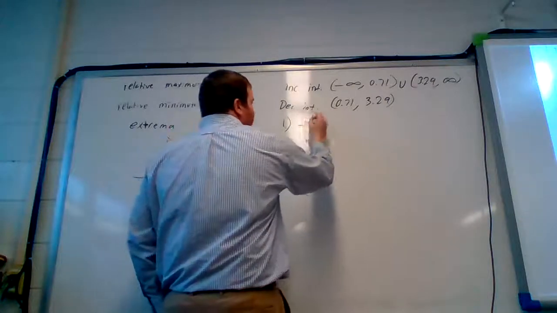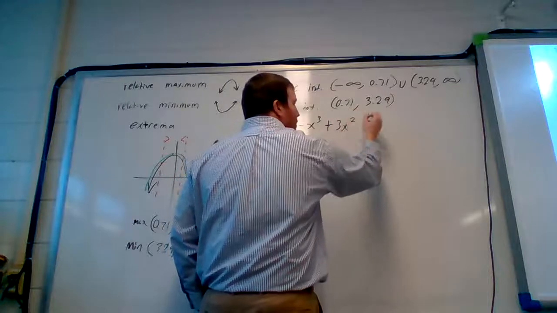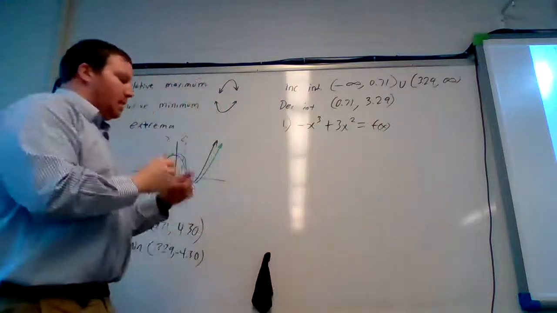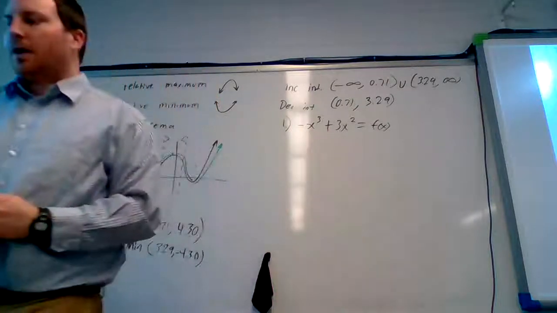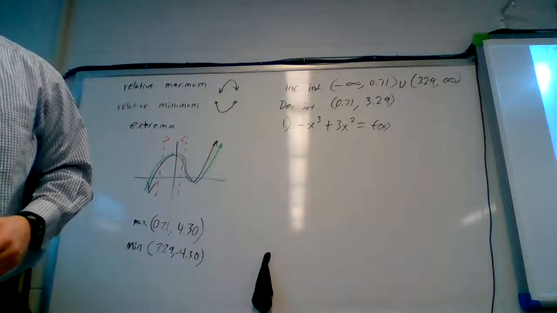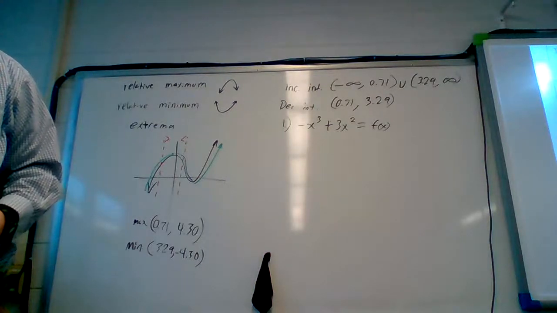They give us negative x cubed plus 3x squared equals f of x. The first thing we want to do is plug this into our calculator. So go to y equals, clear out whatever's in there, negative x to the third, plus 3x squared.